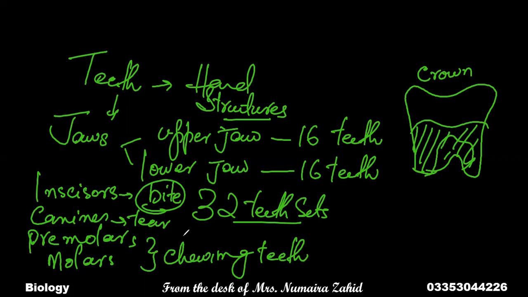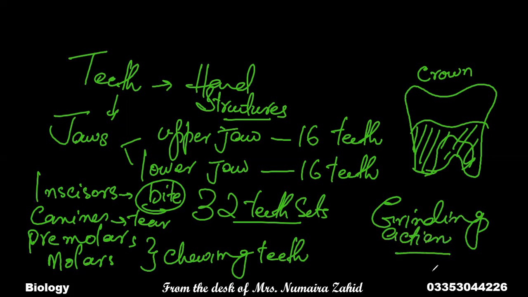So teeth play a very important role in our oral cavity because they perform a grinding action on the food. Whatever we take in as food is ground by the teeth from the right side and from the left side, and the tongue helps us to grind the food effectively.